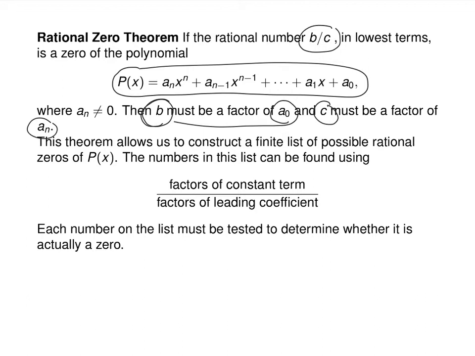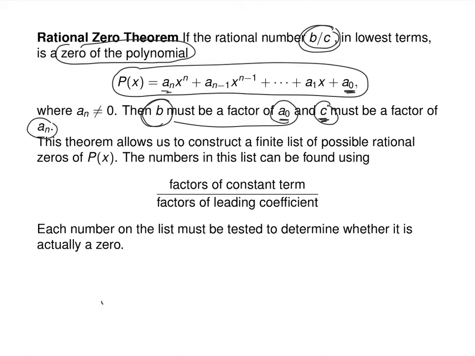Let me say that one more time. You have a rational number b over c that is a 0 of this polynomial, so when you plug it in, you get 0. If that is true, the number in your numerator has to be a factor of your constant term, that last term, and the number in your denominator must be a factor of the first term.